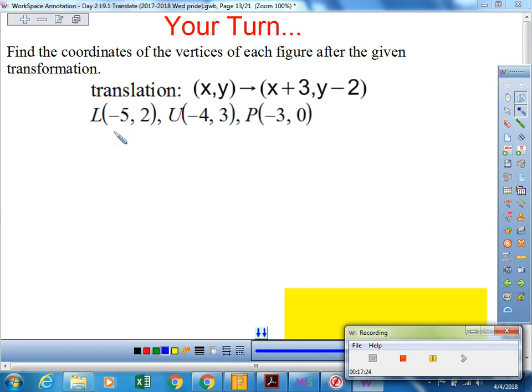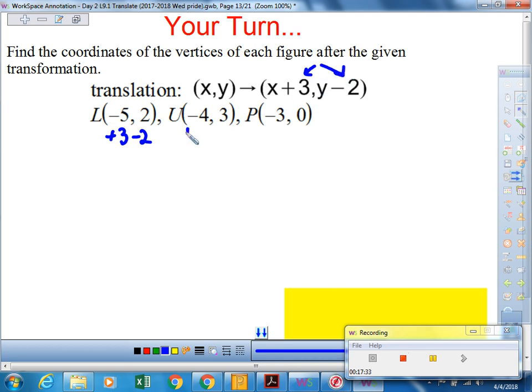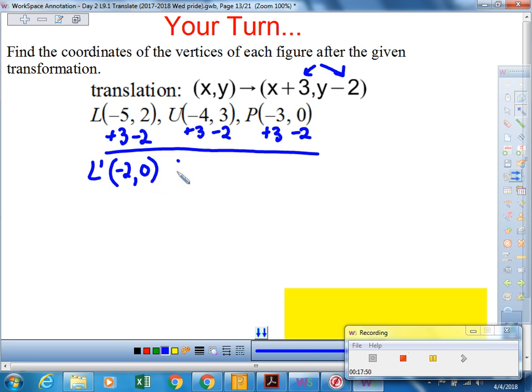So with your rule, you're going to add 3 minus 2, because that's what it's telling me right here. So add 3 and minus 2. So L prime is negative 5 plus 3, negative 2. 2 minus 2, 0.